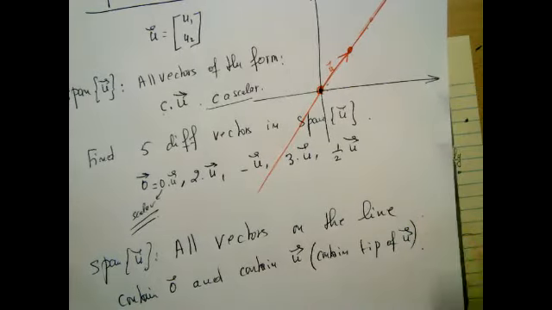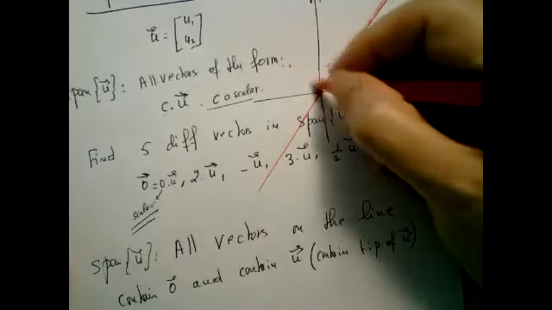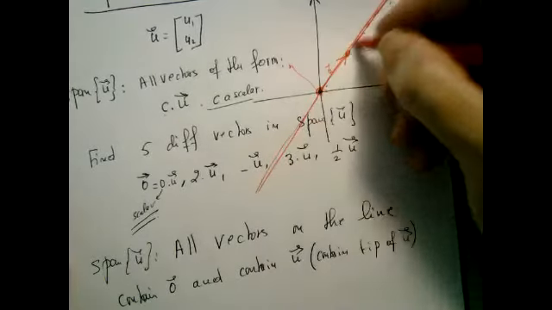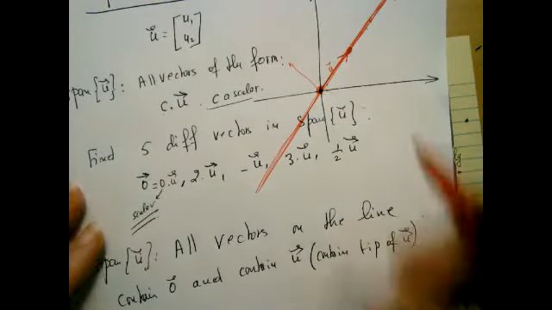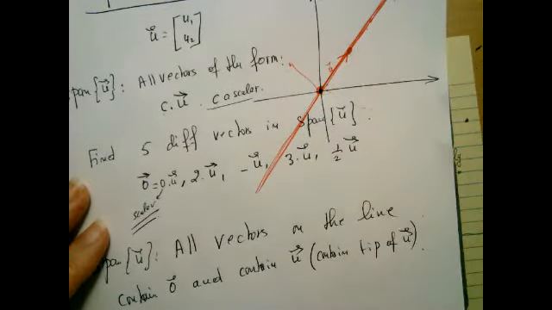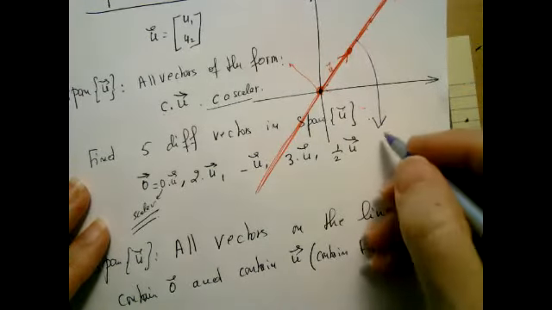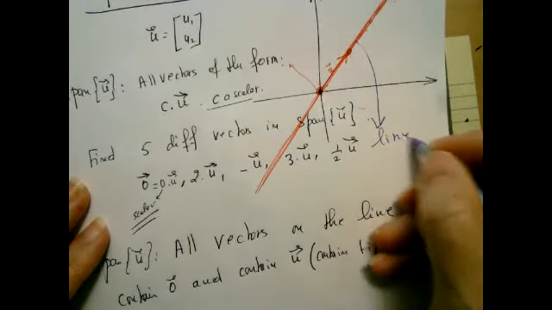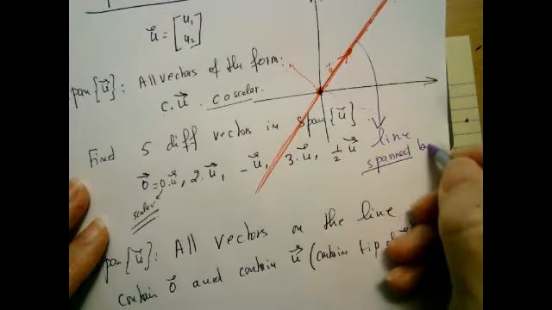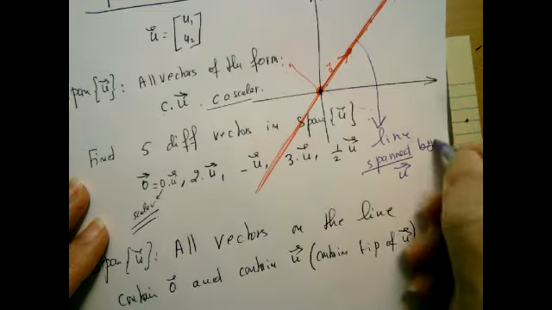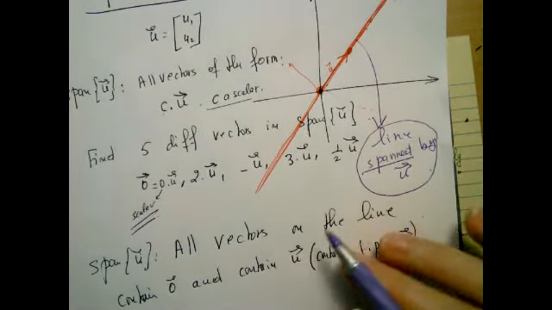Okay, so the span of U is nothing more than every vector on this line. Not this one, not this vector, not that vector, every vector in here. And this line, we give it a name. Sometimes this line is called the line spanned by U. So when we refer to the line spanned by U, we refer to this line.